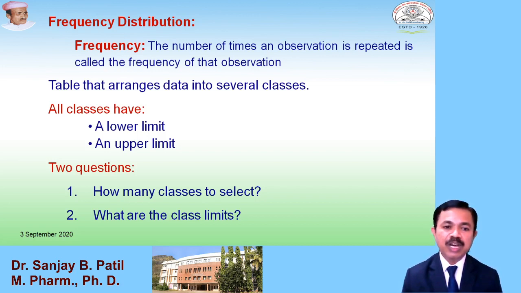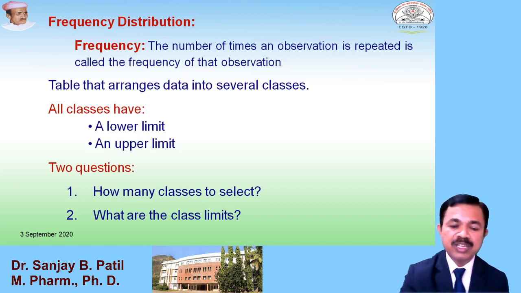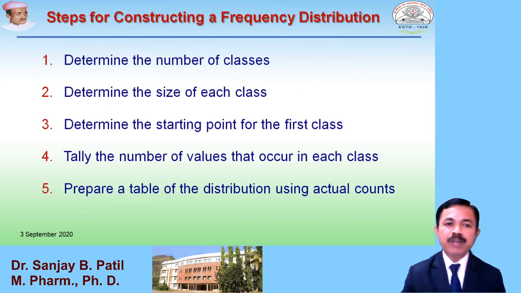First one is how many classes to select, and secondly what are the class limits. So by considering these two questions, we can prepare the frequency distribution table, and these are the 5 important steps which are considered for construction of a frequency distribution in the form of a table.